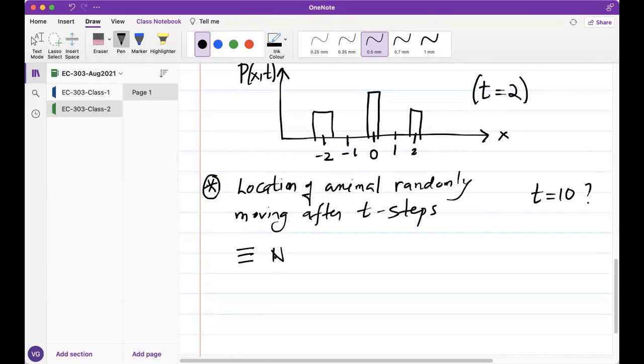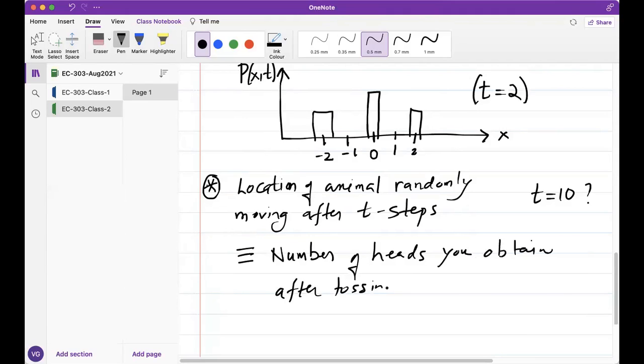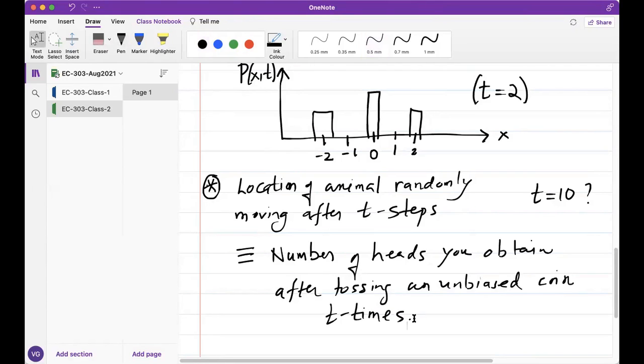I'm not saying the location is the same, but this problem is mathematically equivalent to the number of heads you obtain after tossing an unbiased coin t times. Do you agree?